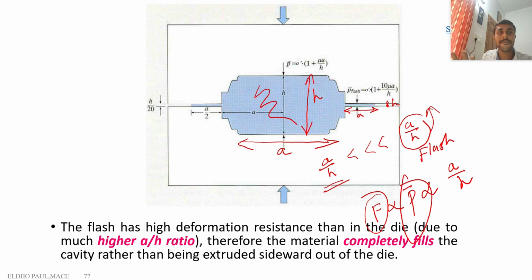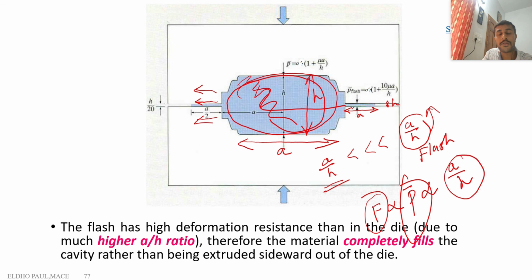That is the reason why the material will not flow through the flash region or parting line region instead of filling this area. After filling the entire cavity, only then does the material flow through the flash area, because of the high A by H ratio there. This high A by H ratio requires high pressure.